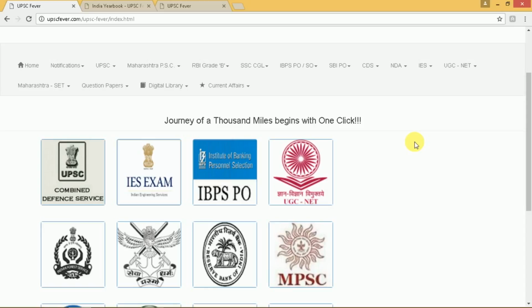Important scheme again, Prime Minister Gram Sadak Yojana. This aims to connect all habitations with 500 or more people with all weather roads, and in certain special category states or desert or backward tribal areas, all habitations with more than 250 people shall be connected with all weather roads.